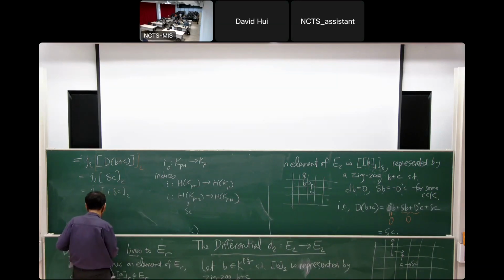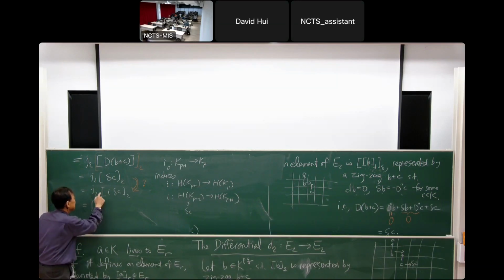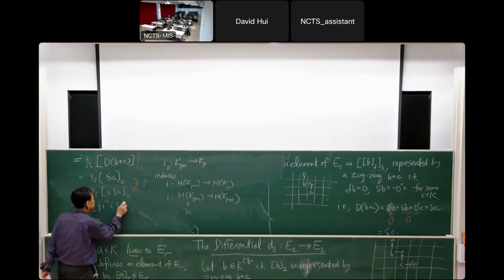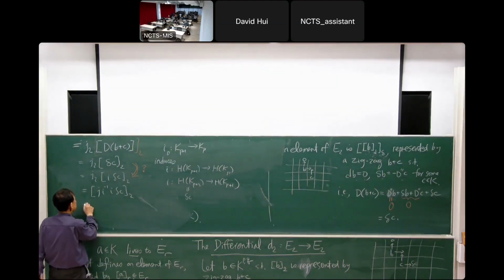I think we can do this, but let's verify it; let's think about that at home. Then J2 is J of I inverse I delta C, and that would cancel.